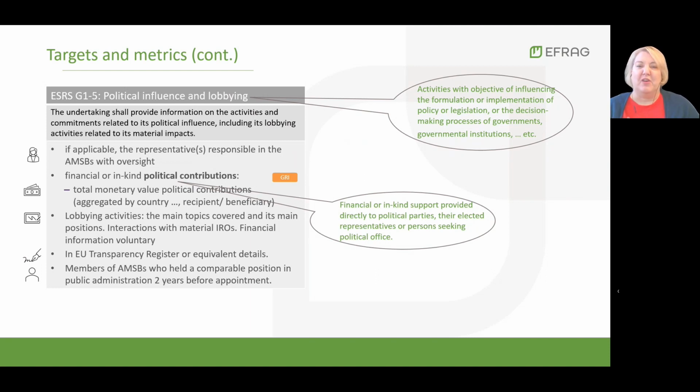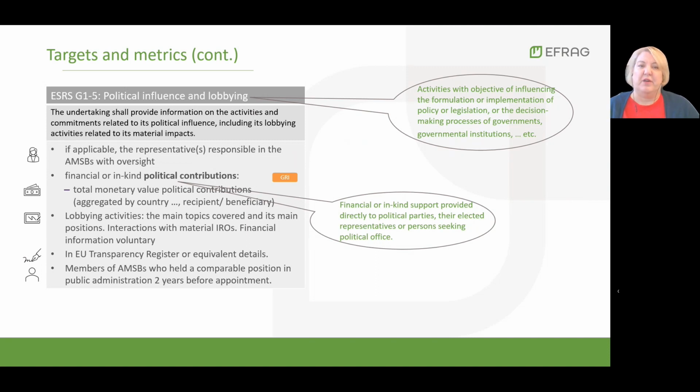Again, further information is in Appendix A and also a bit in Appendix B, but it is important to distinguish between these two, because for political contributions, we ask for information about the financial contribution you have made, so the monetary values aggregated by country, recipient, and beneficiary, which can seem very onerous, but this is only for political party representatives, etc.